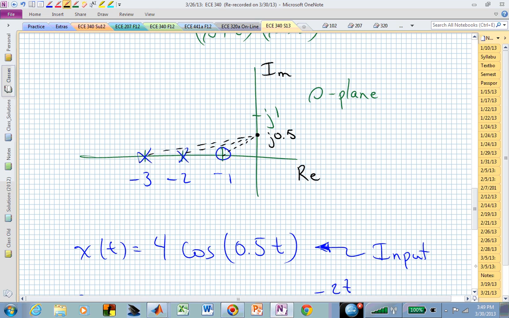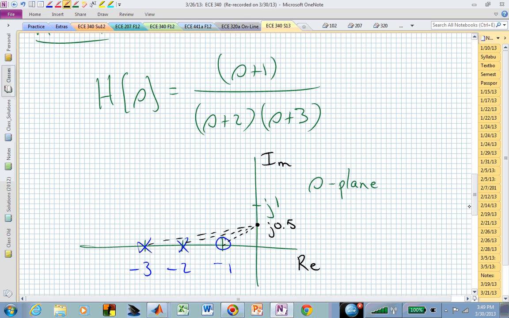And we can now have a length to that point, j 0.5, from the 0, and we have the two lengths from -2 and -3. We'll take those ratios, and that will now give us the magnitude of our system at 0.5 radians per second.